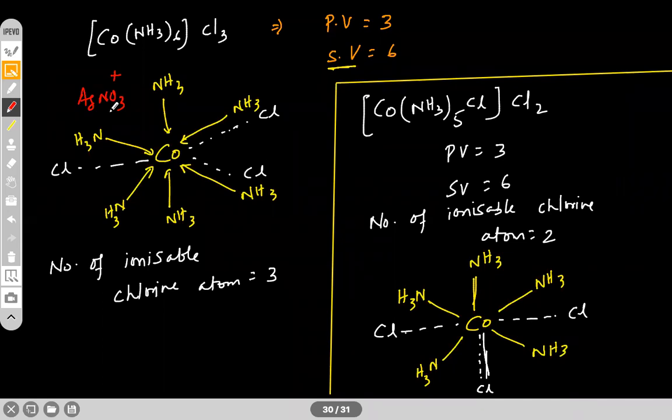The drawback of Werner's coordination theory: he could not explain the magnetic and optical properties of the complex.